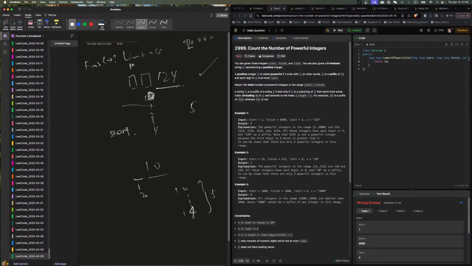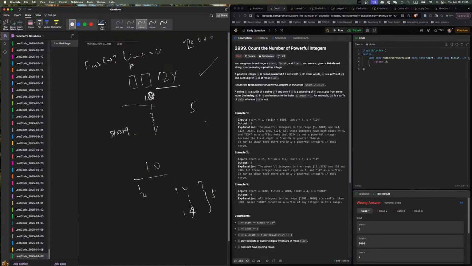If it's smaller than start, I think that's an edge case, right? Okay, so now I'm gonna start to fill.